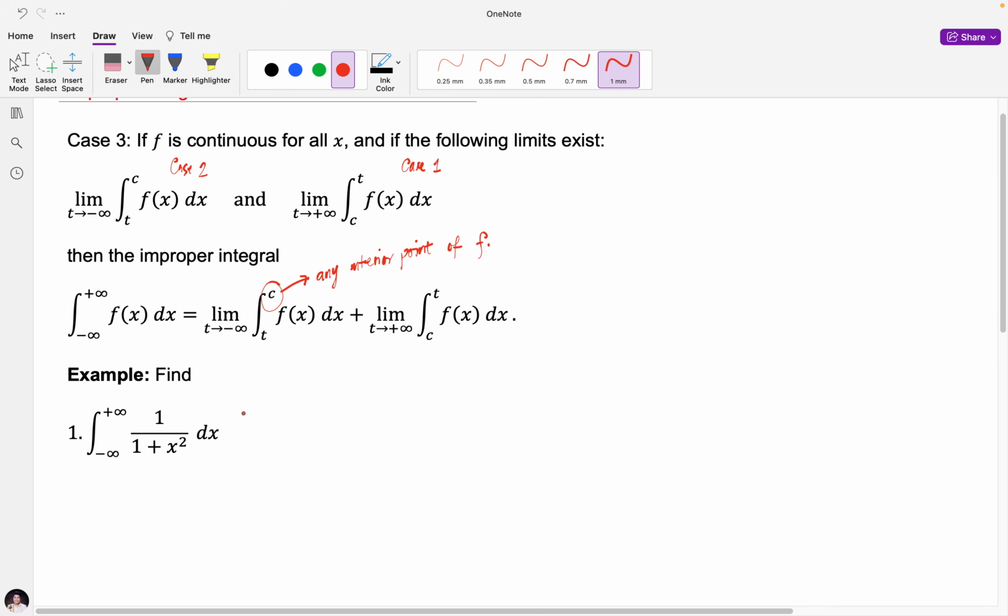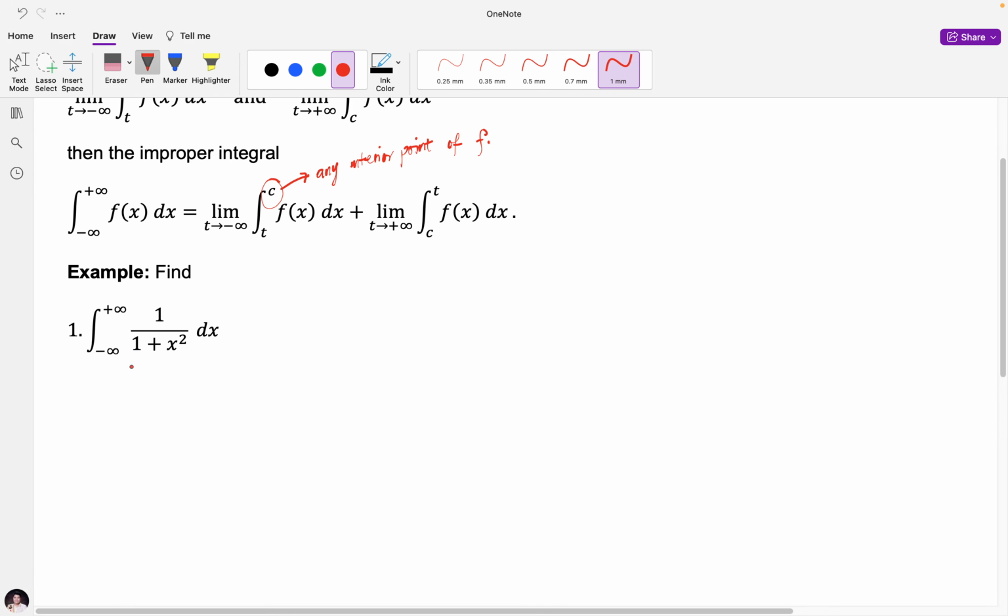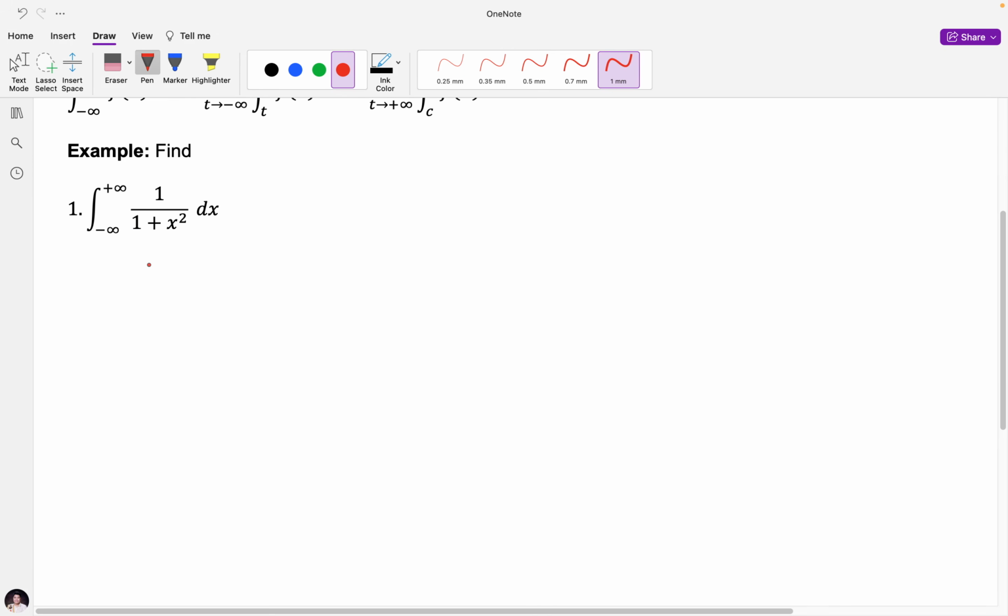So, para mas maintindihan, let's try to solve the first example here. We have the integral of 1 over 1 plus x squared dx from negative infinity to positive infinity.